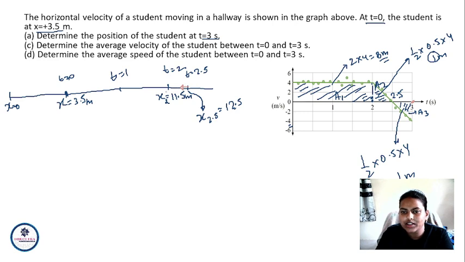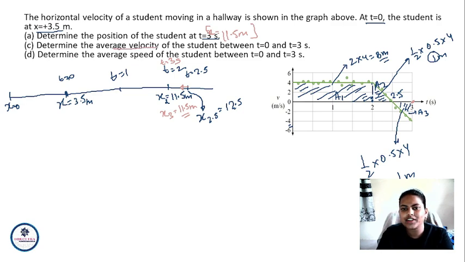T is equal to 3 seconds, the student is at 12.5 meter, just subtract 1 from it, because it is in the opposite direction. We have to tell the position, not the distance traveled, but position at 3 seconds. So x is equal to 11.5 meter.